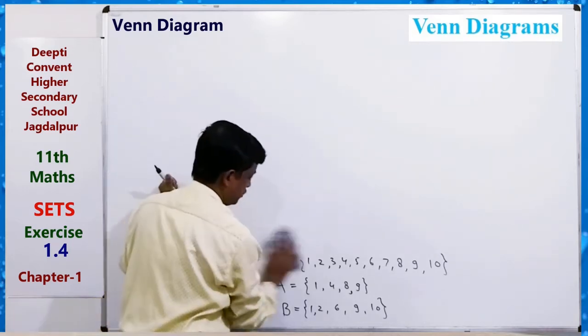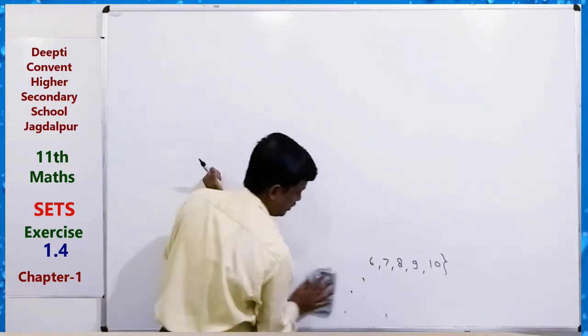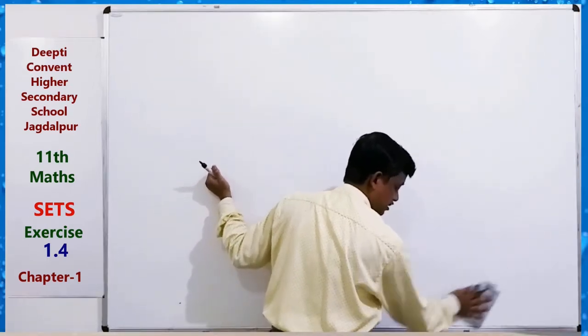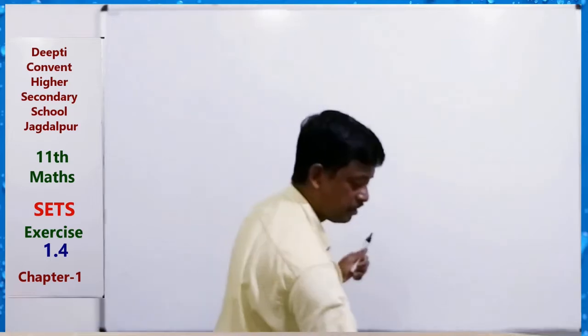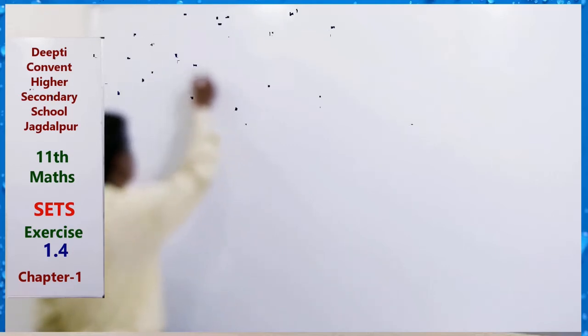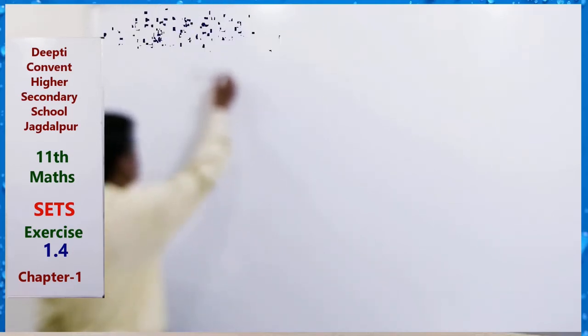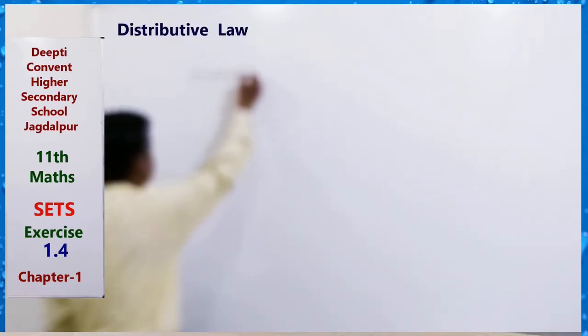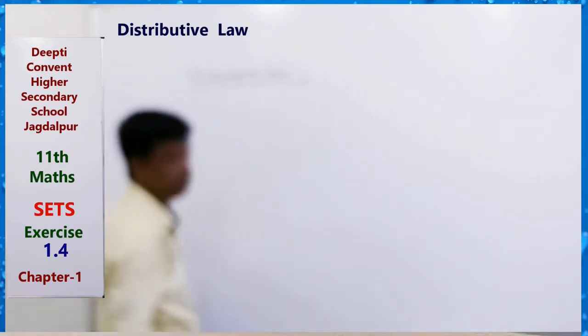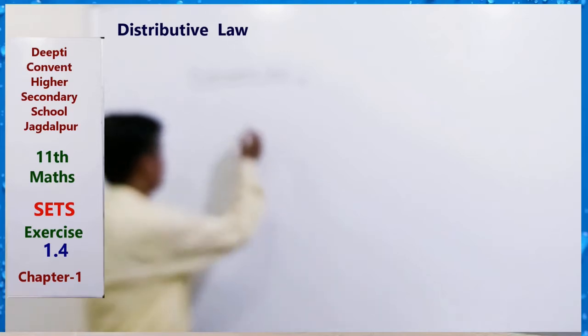So the properties of union and intersection we can understand by using the distributive law. What is the distributive law?